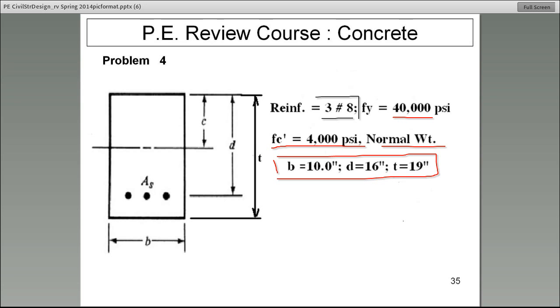Please make a note that B is the width, D is what we've talked about, the depth from the compression side to where the steel is, and then T is 19 inches, but that is the total depth. Sometimes they use TH, whatever they call it, it doesn't matter. That is the total depth.